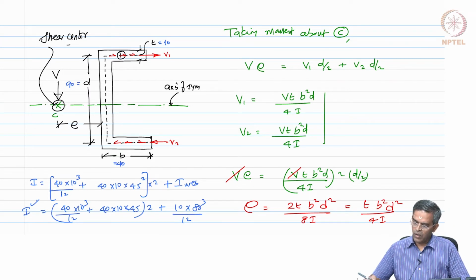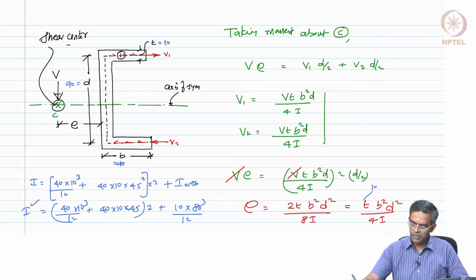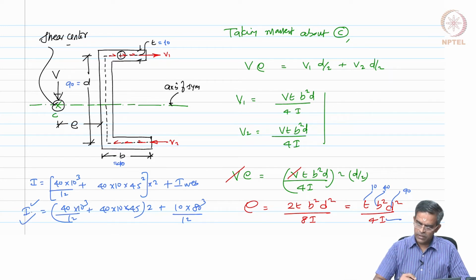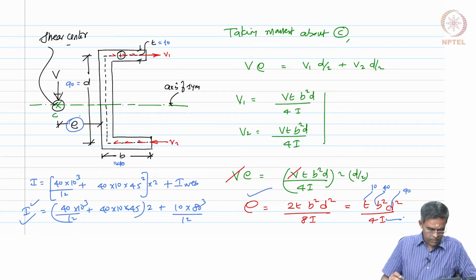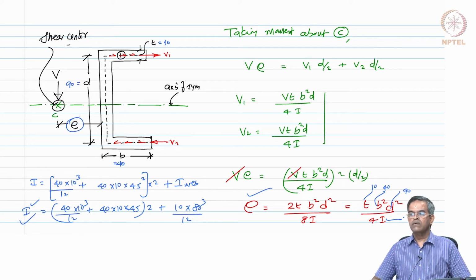So, now in this equation I know T is 10 millimeters, I know B is 40 millimeters, I know D is 90 and I know I which is here. So, I can find E, and E will be the offset of the shear center from the CG.